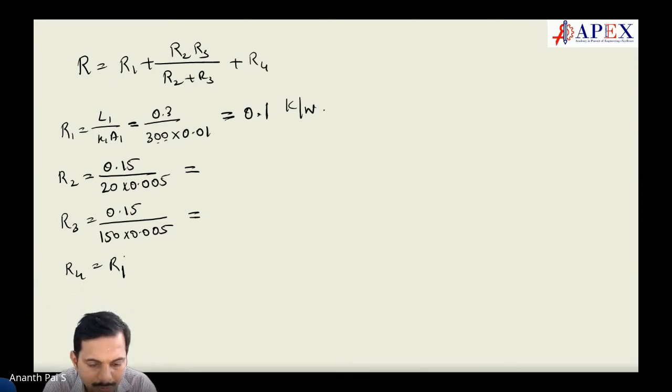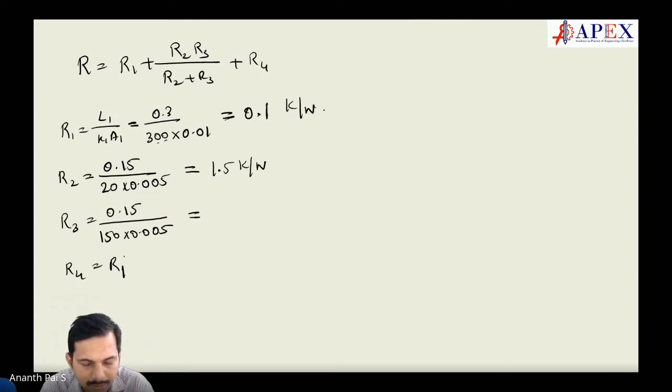Let me also do the calculation along with you. When you do the calculation, go slow. As practice increases, you will get the speed. Use a GATE calculator always, students. 0.15 divided by 0.005 into 20 gives 1.5 Kelvin per watt.